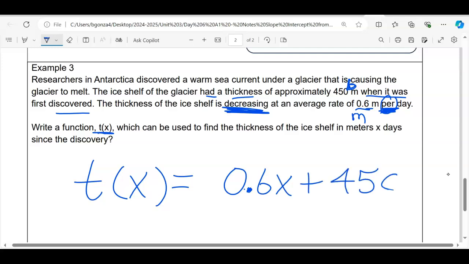Now I'm going to tell you, this is wrong. Why is this wrong? Okay, what should I change? You're close, but no. So the 450 is positive, right? It starts at a positive 450 thickness.